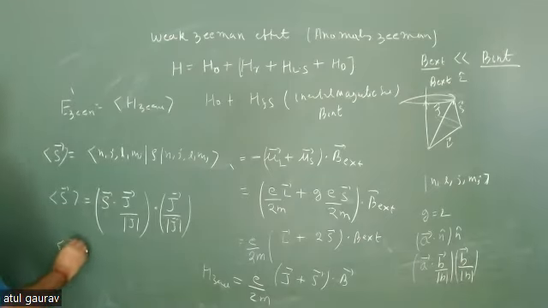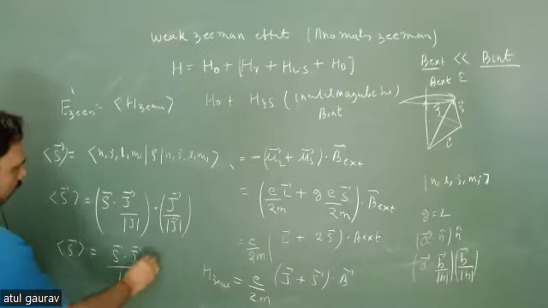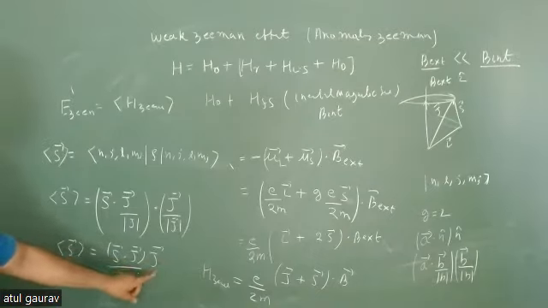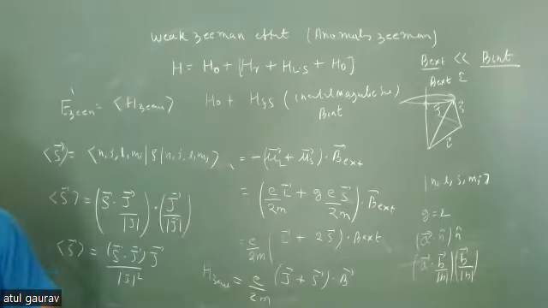This S vector can be written as S dot J by mod J square, in the direction of J, isn't it? And we can easily find S dot J, and this is a scalar quantity, so there is not any problem. But this is a vector quantity, and now everything is written in terms of J.